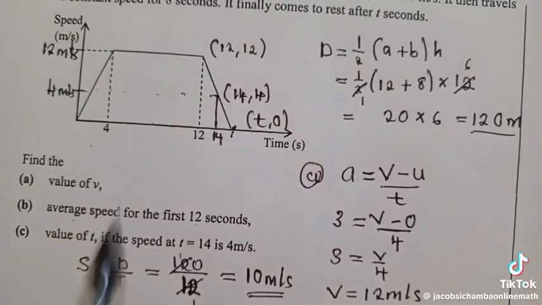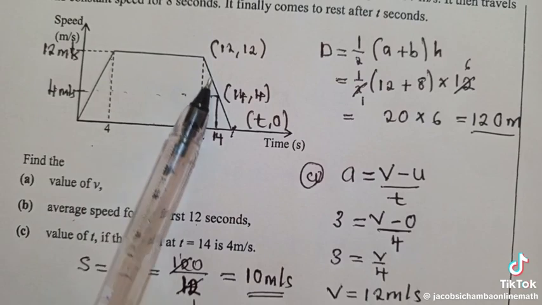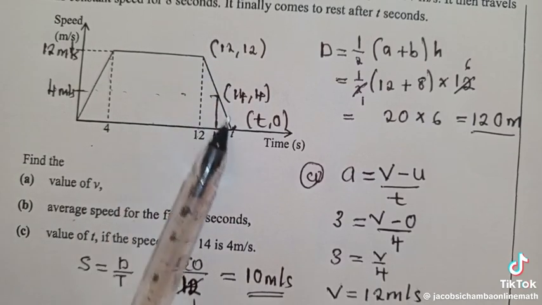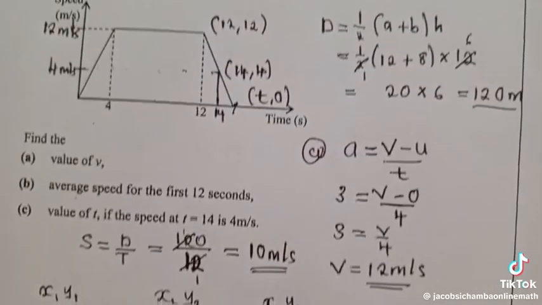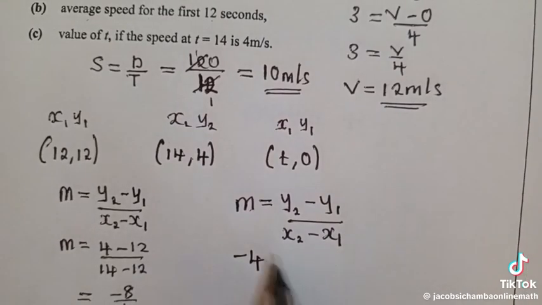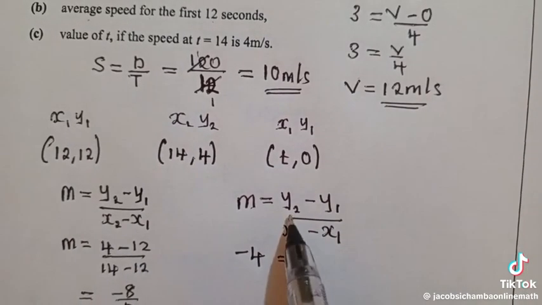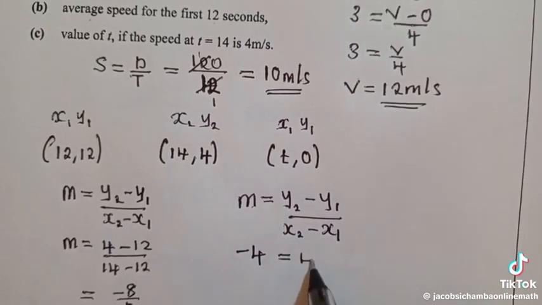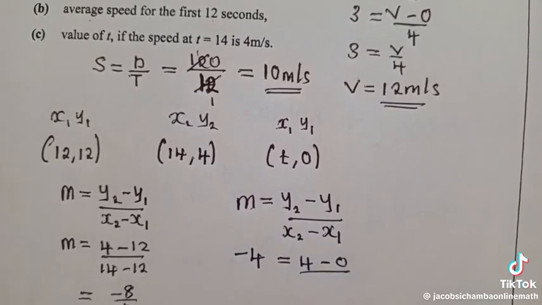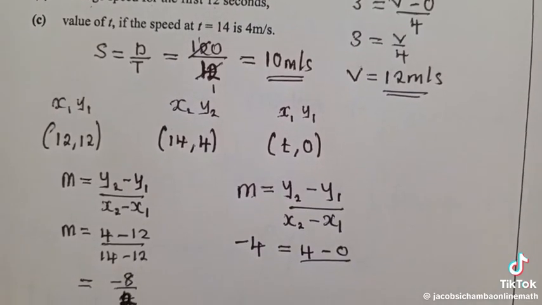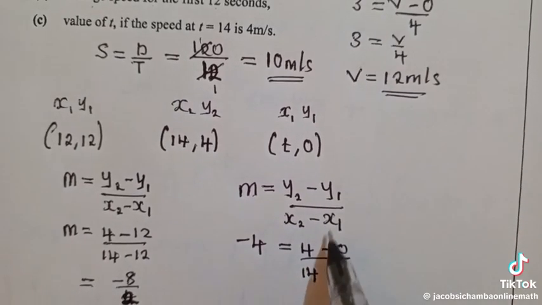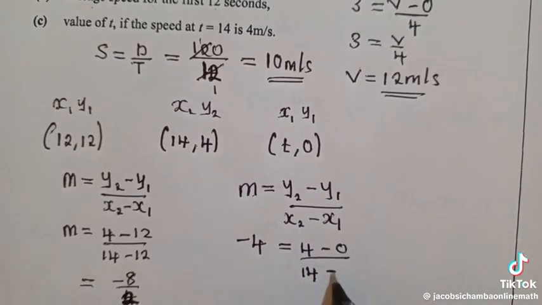The reason why I'm using this is that retardation here will be the same up to here. So whichever point you pick, for as long as it's along this line, the deceleration will be the same. And that's why we are using this as our deceleration here again, because we know that it will be the same. So our y2 will be 4 minus y1 will be 0 over our x2, our x2 will be 14 over our x1, which will be t.